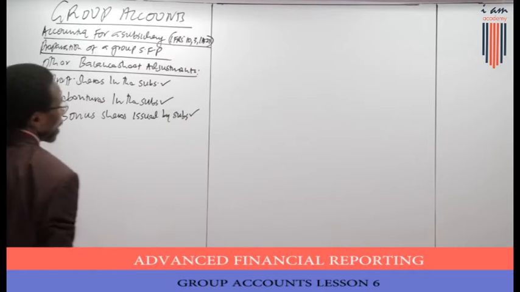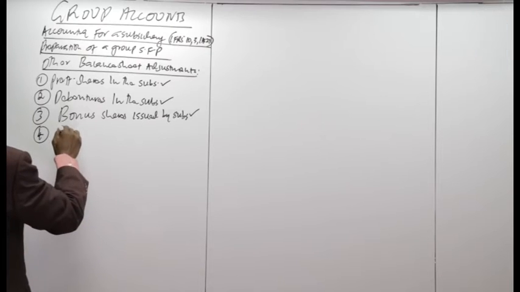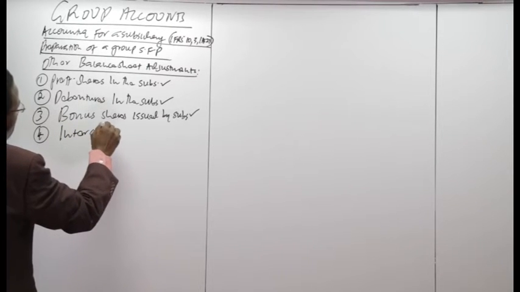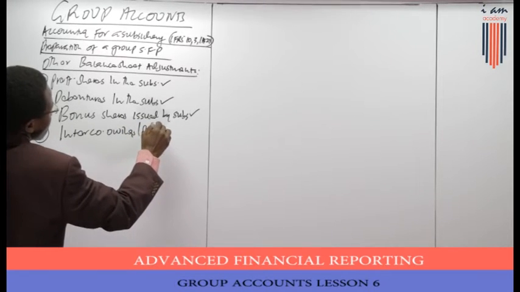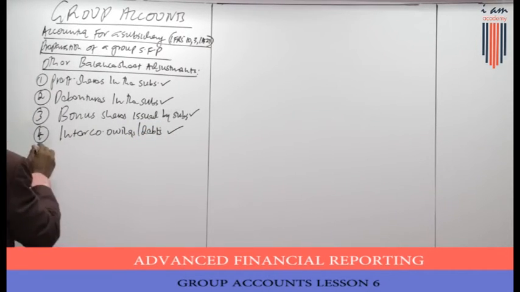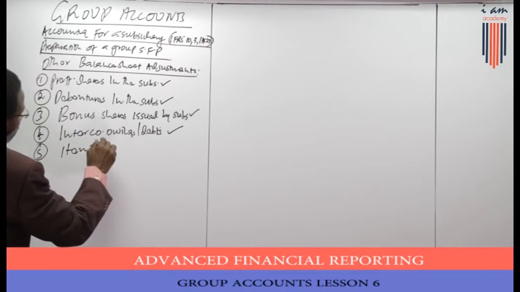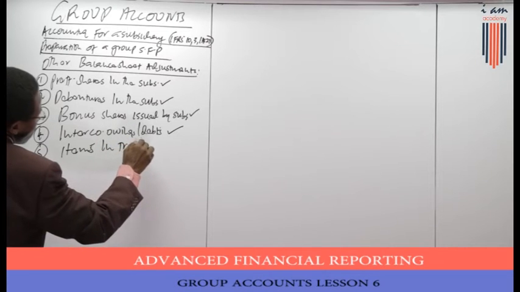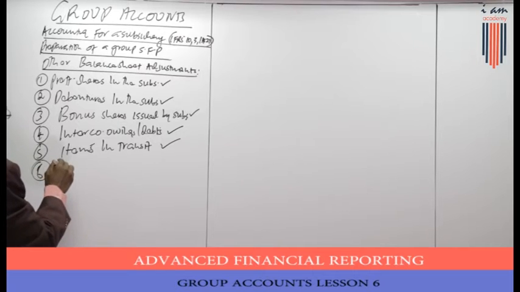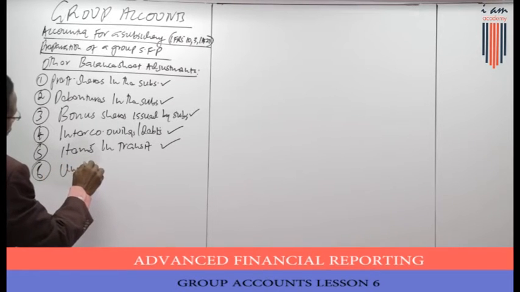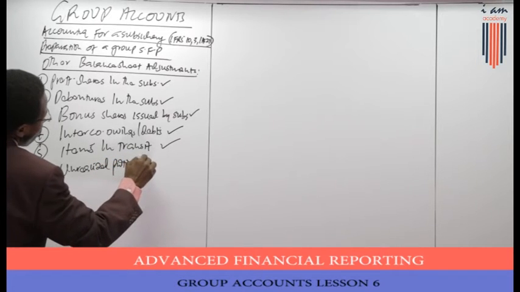We have looked at even an example for that. Number 4, we have looked at intercompany owings or intercompany debts, and we have looked at an example. And we have also looked at the items in transit. We have also looked at the unrealized profits on closing stock.